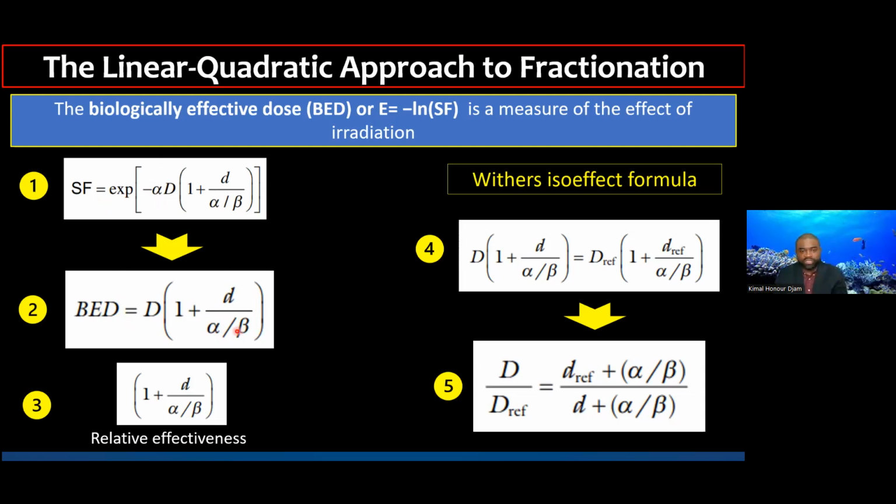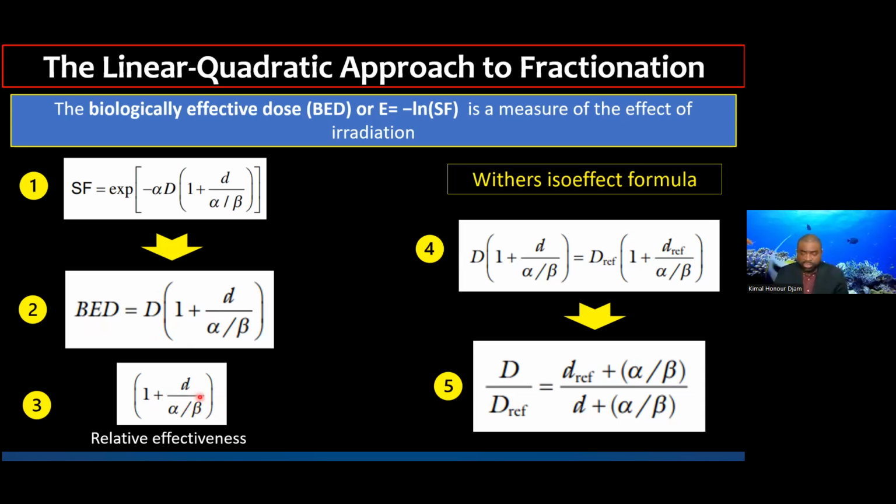Now, the biological effective dose value indicates how much damage a particular fractionated regimen will do. In other words, it is the total dose given in an infinitely small fraction that will have the same radiobiological effect as the actual fractionated regimen with a fraction size d and a total dose D. It is important to think about the biological effective dose as the total dose multiplied by the relative effectiveness.